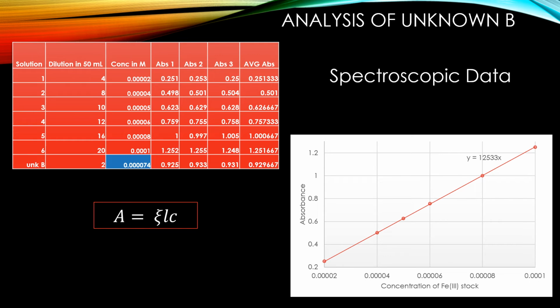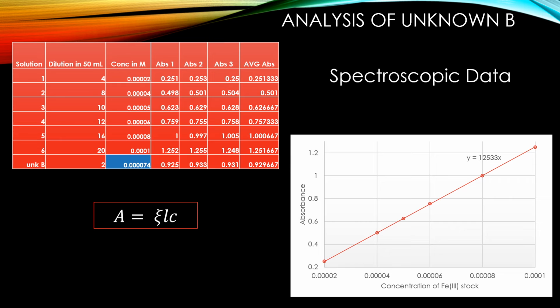As well as our qualitative analysis, we did some quantitative analysis, using spectroscopic data of our unknown sample B. This was performed by taking the UV-vis of several stock solutions of iron to generate a calibration curve. And from this calibration curve, you can identify the concentration of iron that is in our original sample.